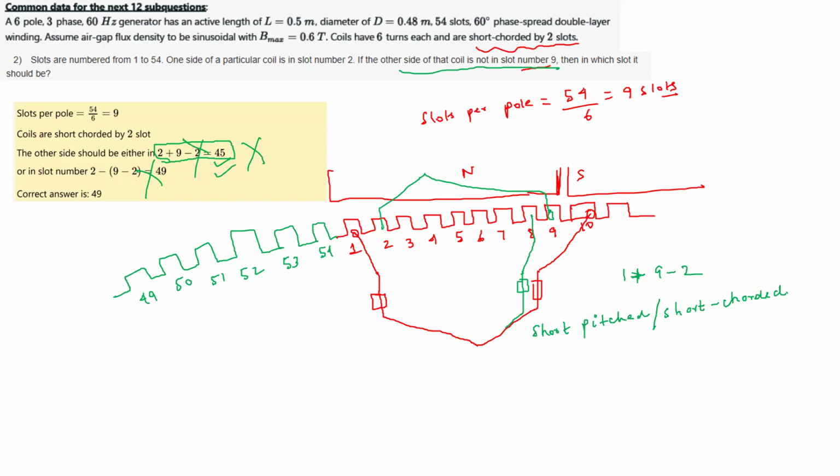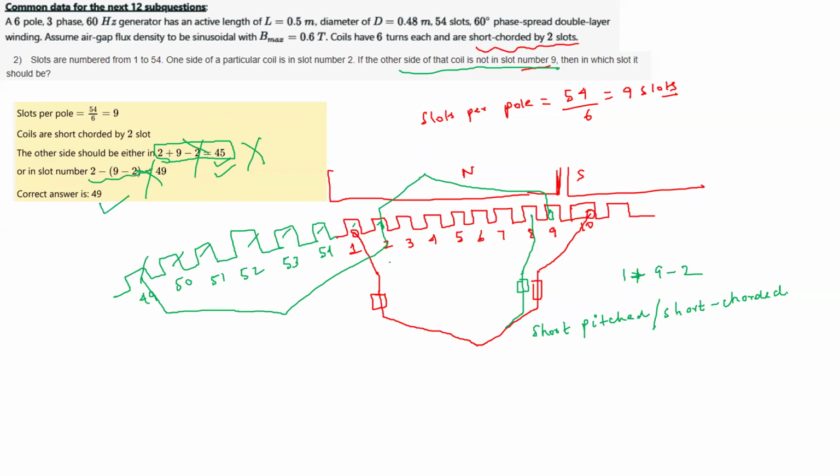If we have to go back, what is the distance? From 2 to 9 we have to maintain 7, so we go back 7: 1, 2, 3, 4, 5, 6, 7. So it has to come to 49. The correct answer is 49, but what they're trying to say here, I'm not understanding.